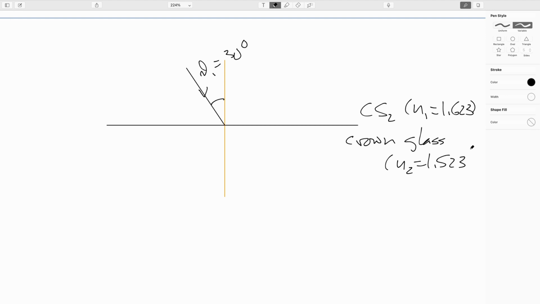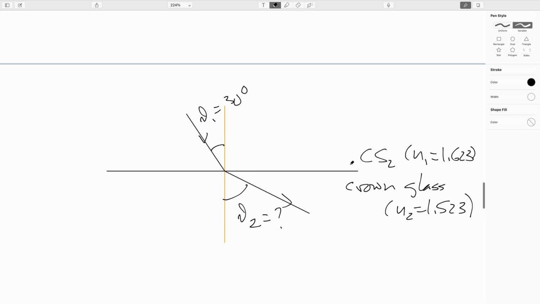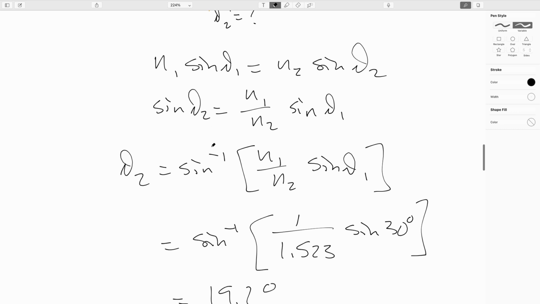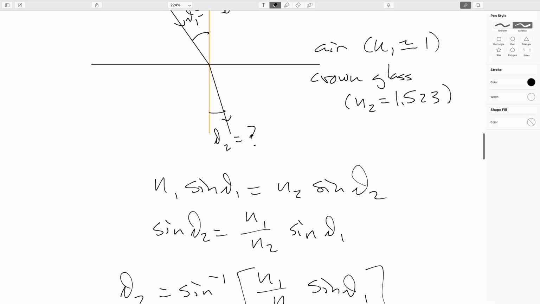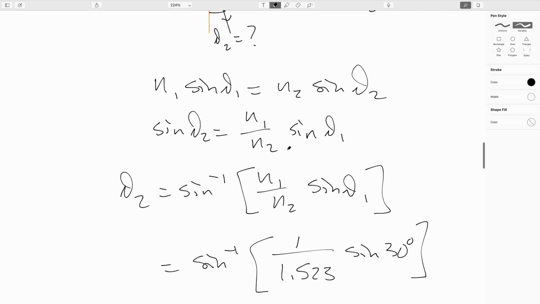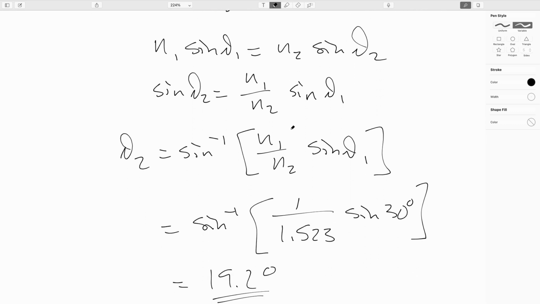So theta 1 equals 30 degrees. Now here we're going from a higher index to a lower index. So this means we will bend away from the normal. So I'd like to know, what angle are we going to make with respect to the normal there? Well, fortunately, because we did this previous problem with letters, we realized that literally nothing changed except the numerical values that we put in.